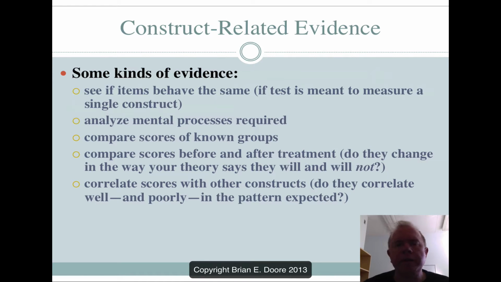We can think about the kinds of mental processes that are required. So if we think that this is about spatial intelligence, then does somebody have to estimate how much area something takes up? Or are there particular types of geometry or particular types of distance estimations that are required? We can also do things like comparing the scores of known groups.